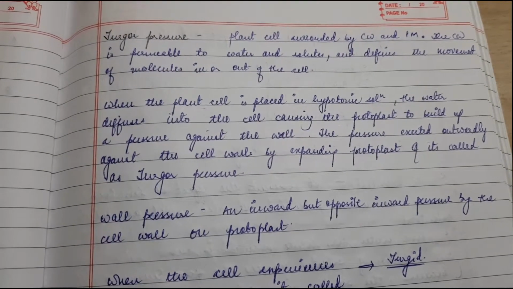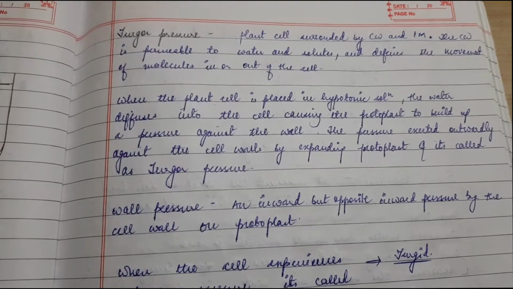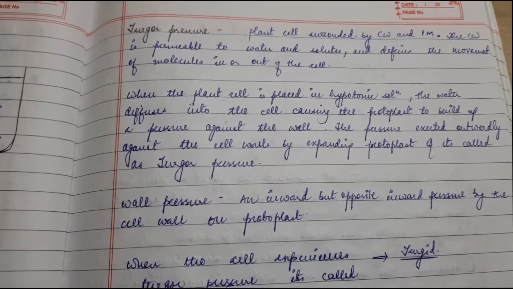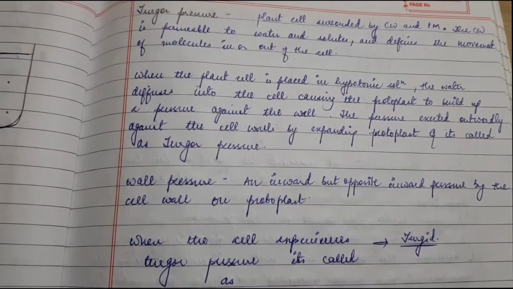Turgor pressure हमने क्या पढ़ा? Plant cell surrounded by cell wall and the plasma membrane. The cell wall is permeable to water and solutes and defines the movement of molecules in and out of the cell. When the plant cell is placed in hypotonic solution, the water diffuses into the cell, causing the protoplast to build up.